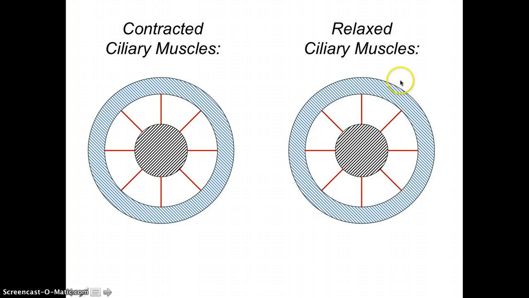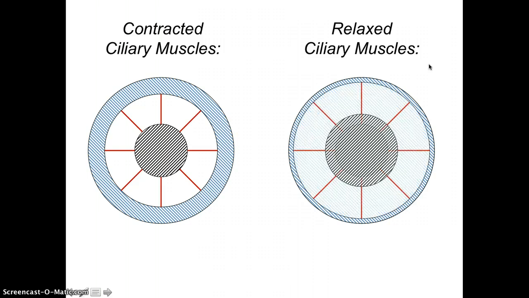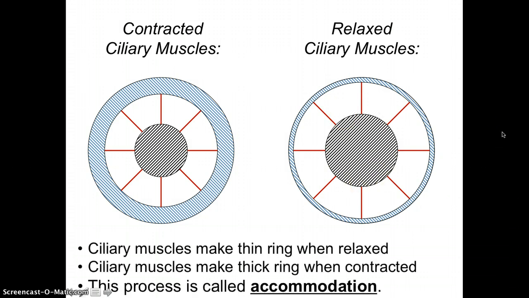On the other hand, if we relax those muscles, then we're not flexing anymore, and the ring gets thinner, and it pulls the fibers in, or out, I should say, and as a result, this lens flattens. It gets flatter and thinner.